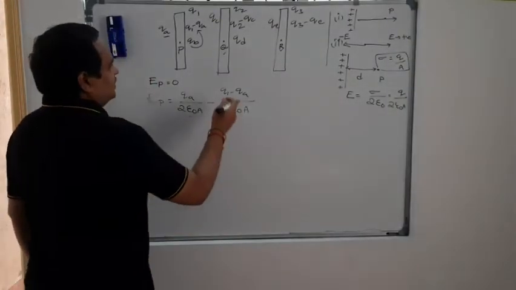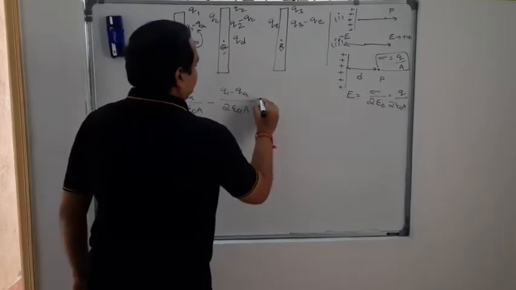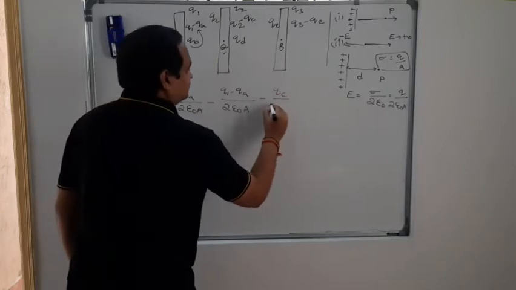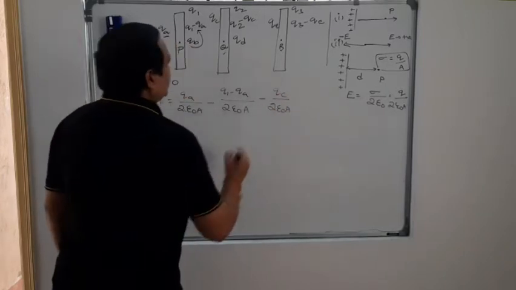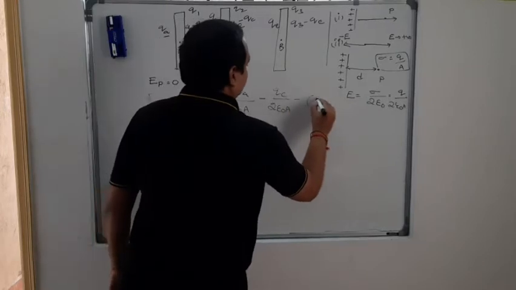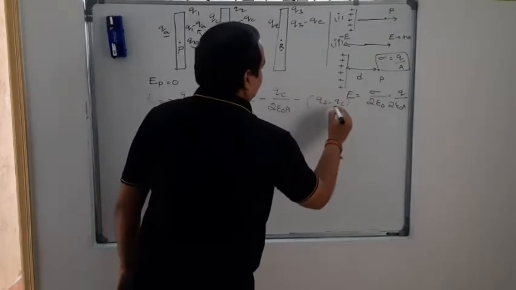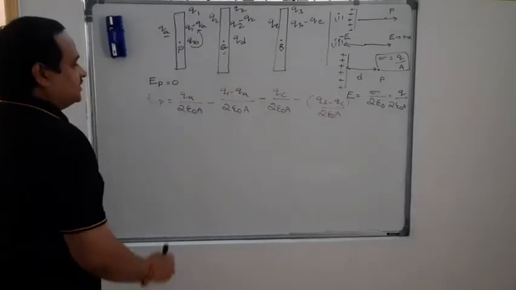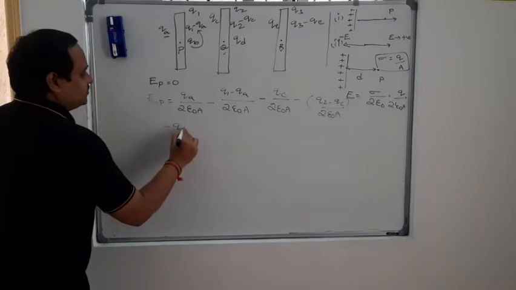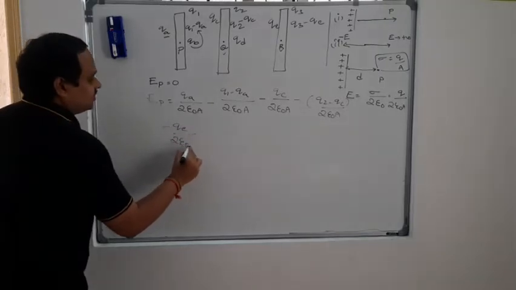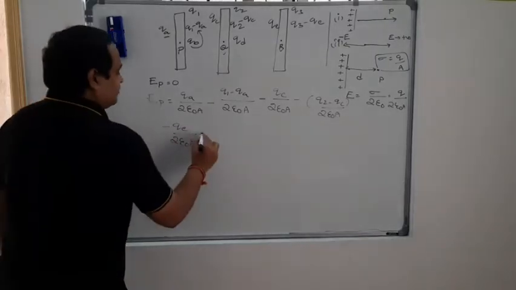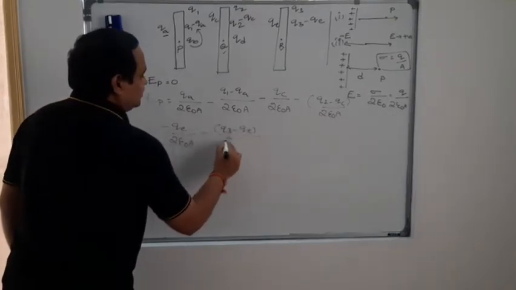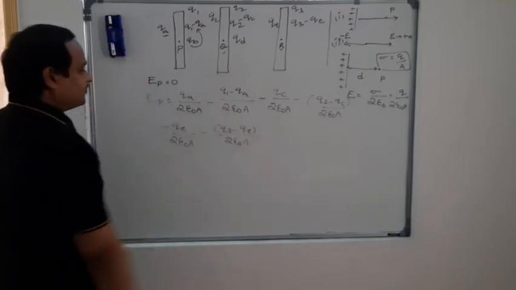Now, let us write minus electric field due to this plate, minus QC by 2 epsilon naught A and minus Q2 minus QC divided by 2 epsilon naught A and minus QE by 2 epsilon naught A and minus of Q3 minus QE divided by 2 epsilon naught A.